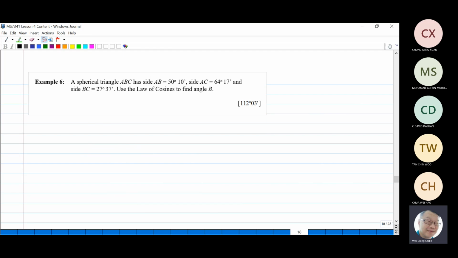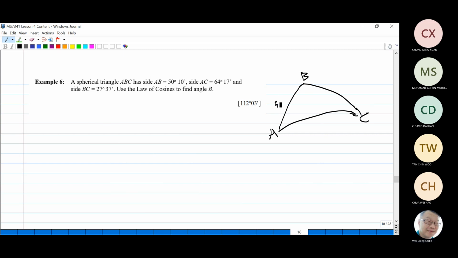A spherical triangle ABC. So let's try ABC, AB, AC, and BC, right? So the small triangle here. Side AB is 50 degrees 10 minutes, this is actually side c.